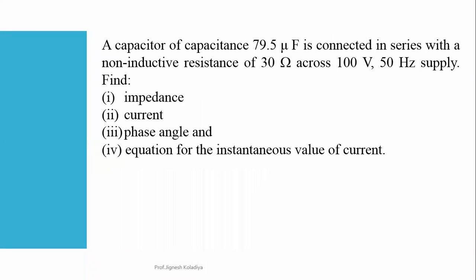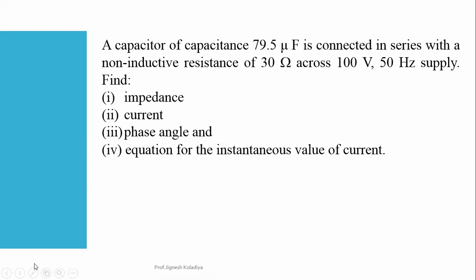Okay, so all of you can see the data over here. A capacitor of capacitance 79.5 microfarad is connected in series with a non-inductive resistance of 30 ohm across a 100 volt 50 hertz supply. Find impedance, current, phase angle, and equation for the instantaneous value of current.